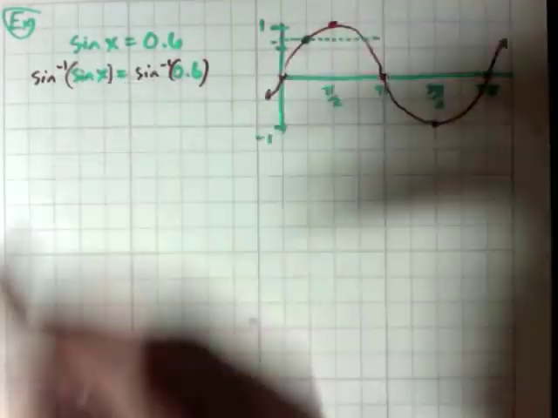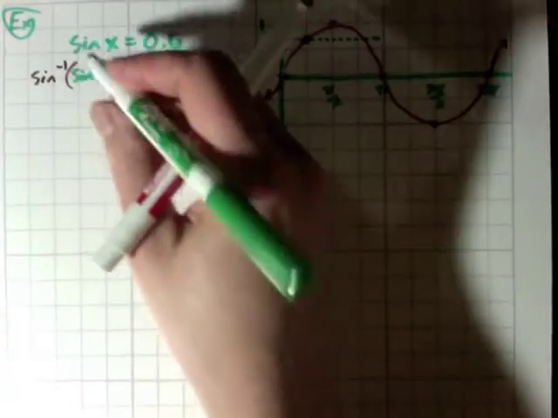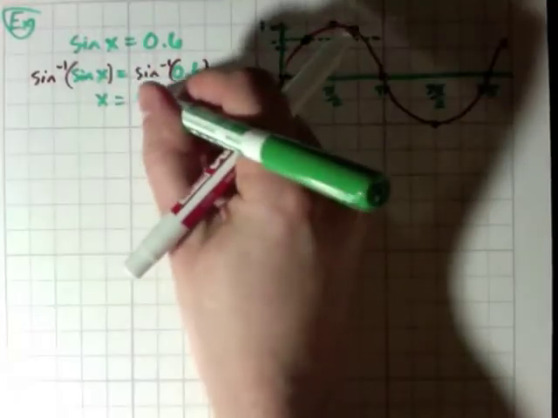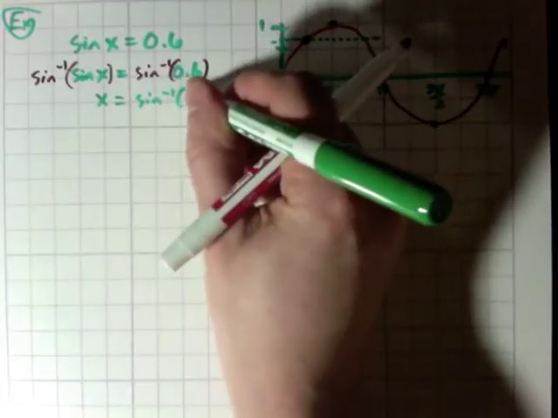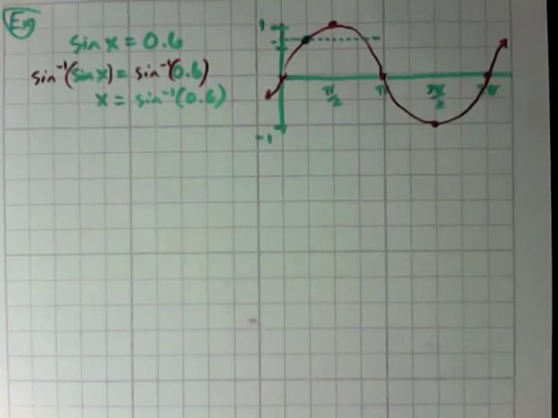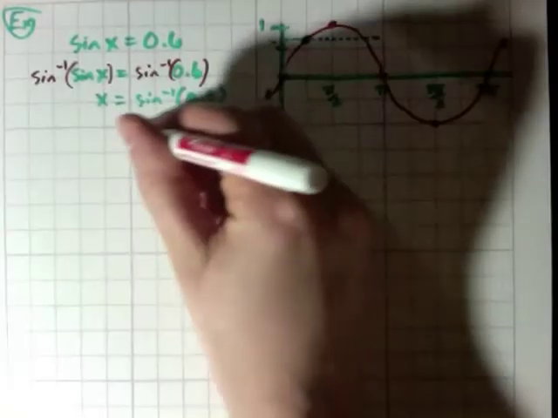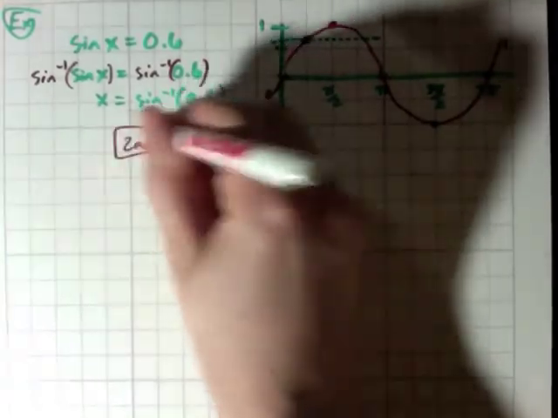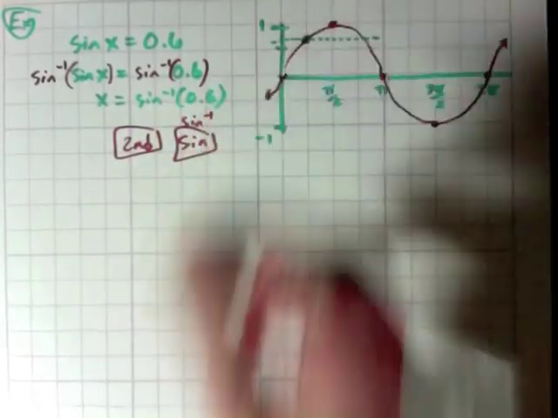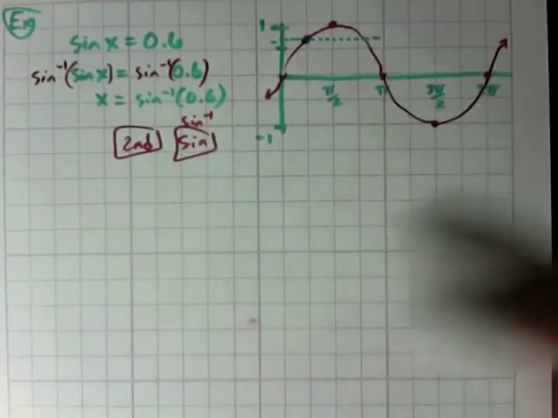So sine inverse of sine x actually would give us back just x, and I would get x equals the sine inverse of 0.6. And the way I could evaluate that, or at least get an approximation of it on a calculator, is using the second button, and above the sine button you'll see a sine to the -1, and that would end up giving us the value.